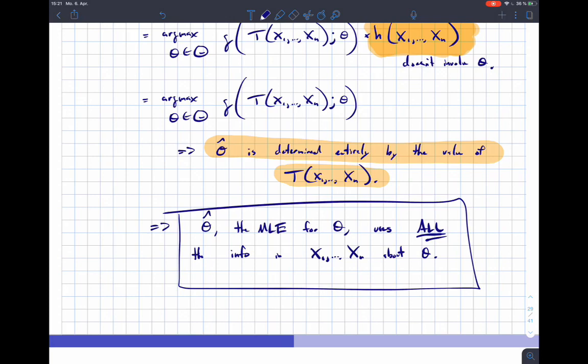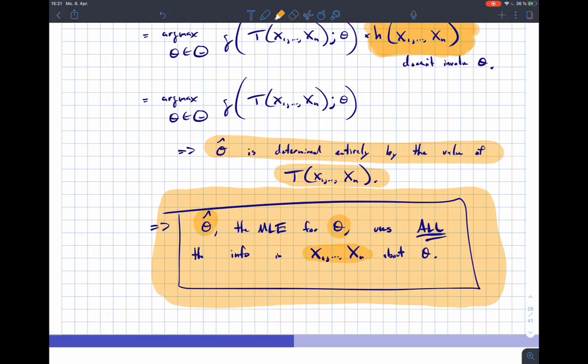So when we compute our estimator for theta, we don't want to throw away any information about theta which is contained in the sample. So the maximum likelihood estimator does not throw away any information about theta, it uses it all. Okay, that doesn't necessarily ensure things like unbiasedness or the smallest possible variance, but it's a good start. It's good to know that our estimator uses all the information.